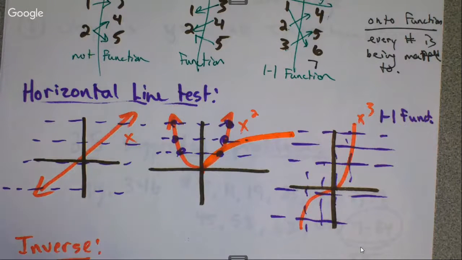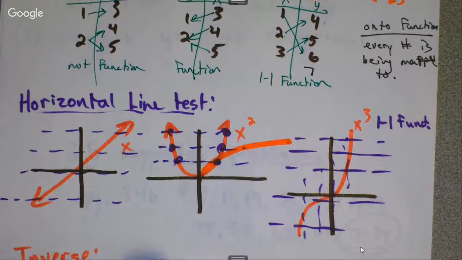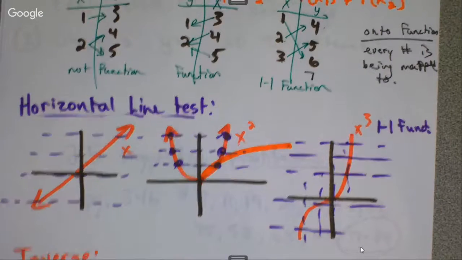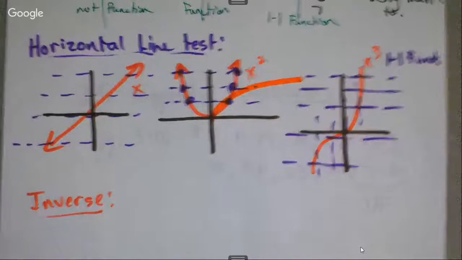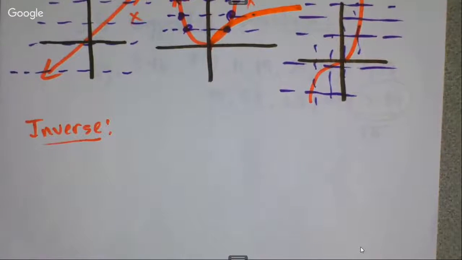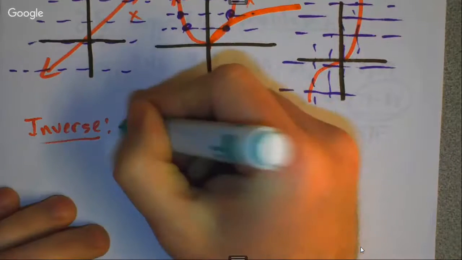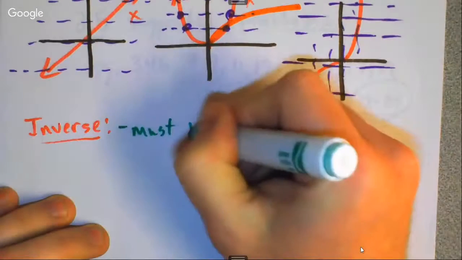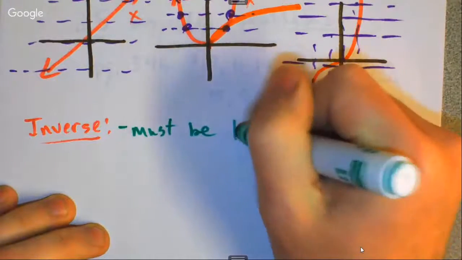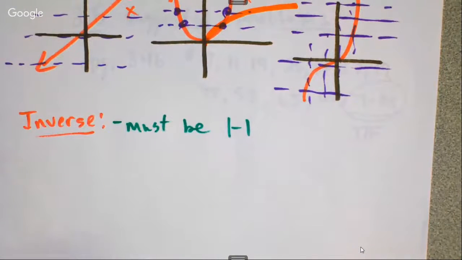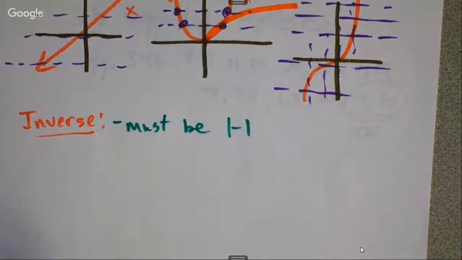The important thing about why we want to know if a function is one-to-one or not is that it will determine whether the function has an inverse or not. For an inverse, it must be one-to-one. The inverse is exactly what it sounds like: it undoes the function.